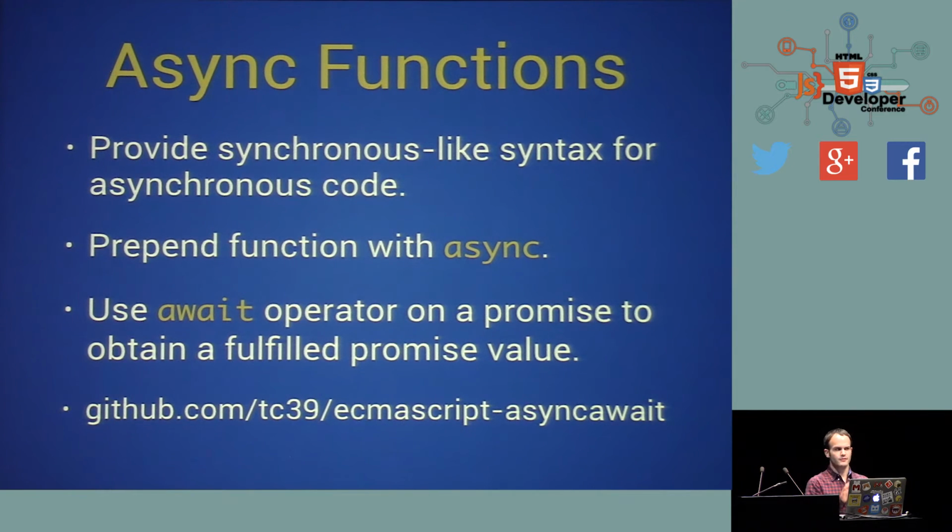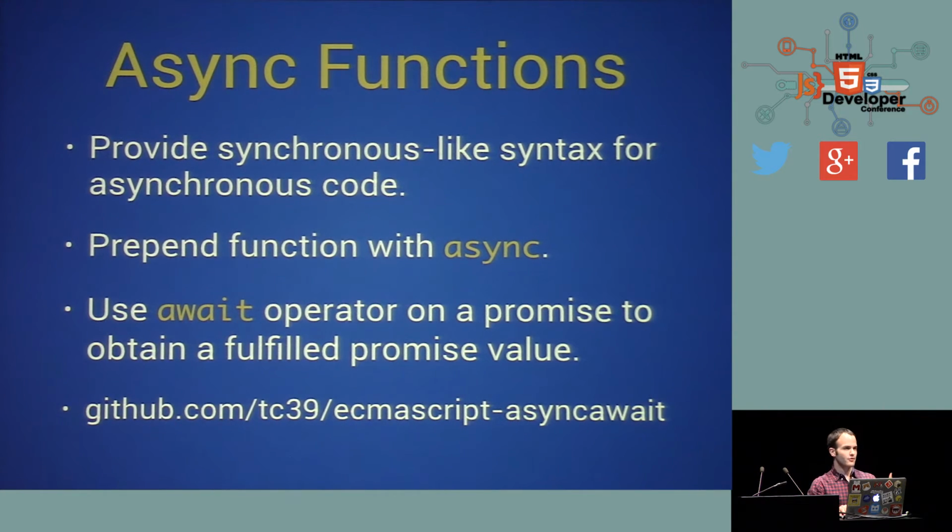It's not necessarily a keyword either, I believe. But you use that in front of a promise. And what that basically will do is it's going to await the resolution of that promise. And so whenever the promise resolves with a certain value, await's going to take the resolve value out, and that'll be what's returned by this await operation. So you can assign that to a variable.